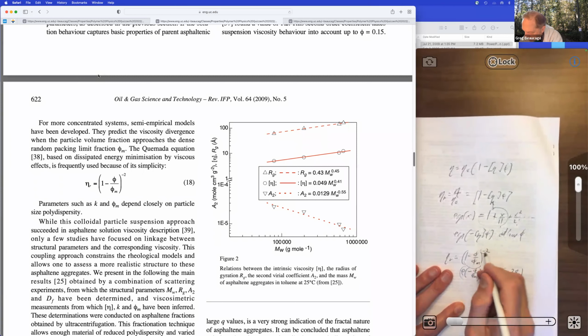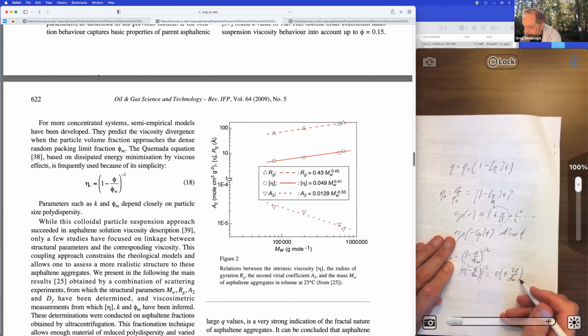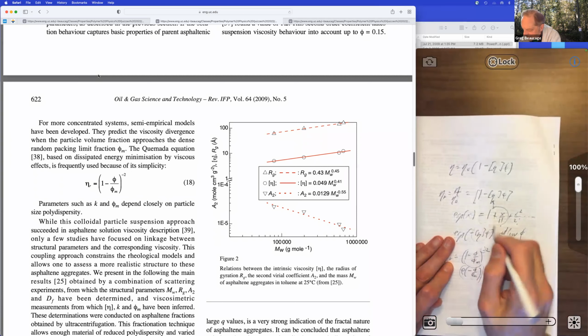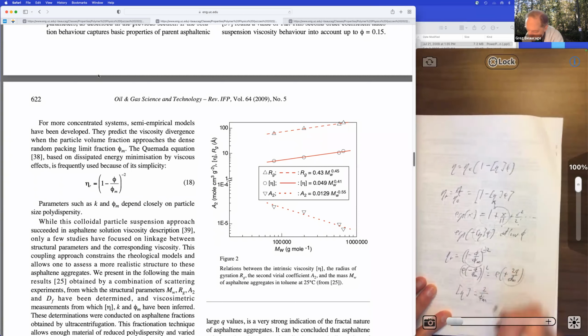And then it's negative, so it makes this plus. So then I can equate these two arguments, and I end up saying that my intrinsic viscosity equals 2 over phi m somehow, right?